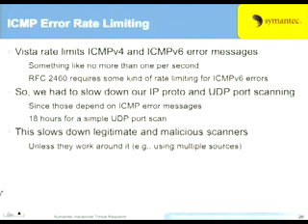If you can't do 2 probes in a second, you'd at most get 1 unreachable message back. And this meant it took us 18 hours to do a simple port scan over all ports. So this will slow down legitimate and malicious scanners unless there's some way to work around it, such as using multiple sources, say.